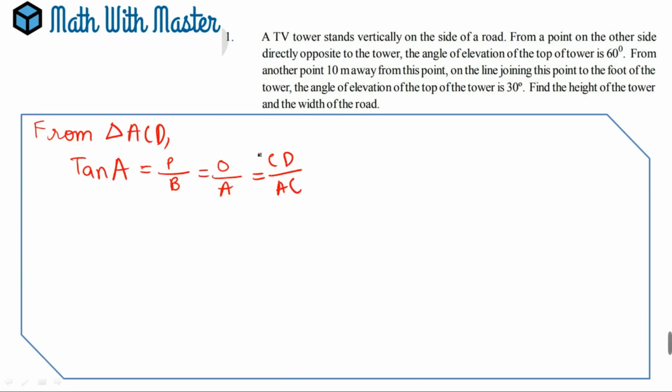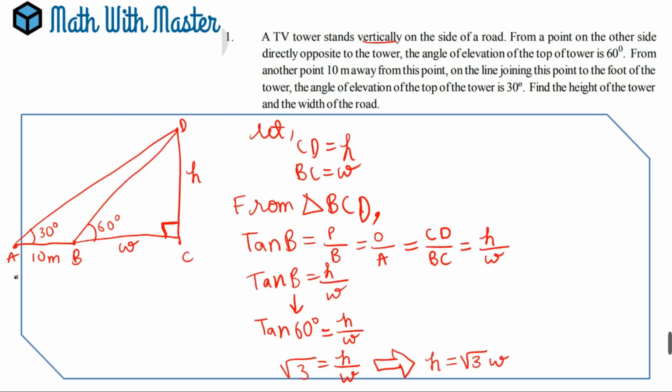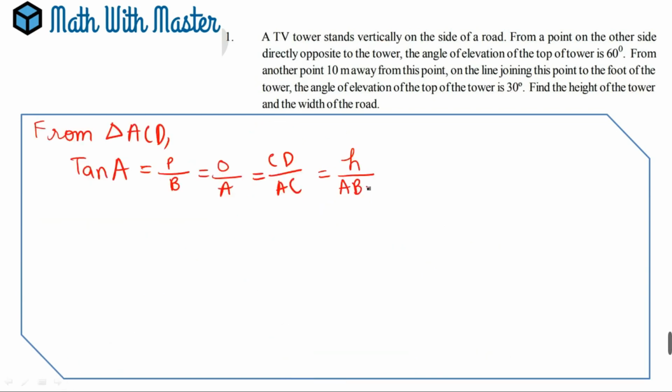So now I can put the value of CD as H upon. So I can write AC as AB plus BC, which is equals to H upon, what is AB?